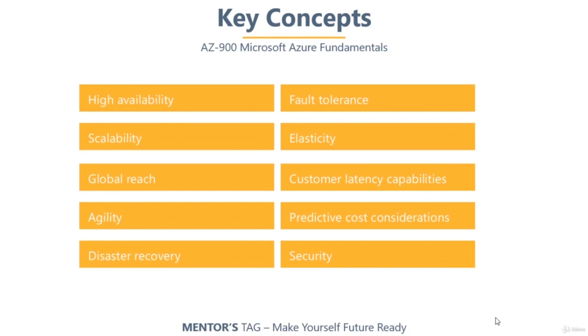Now, continuing this story, there are a couple of key concepts which we need to understand to understand the cloud properly. As I mentioned, high availability is talking about the on-time availability. We have scalability and elasticity, which focus on the risk factor as well as the flexibility which you are getting because of cloud. In the same way, we have global reach. Depending upon the cloud provider you're using, you will have global regions available across the globe, and you can decide where you want to host your resources.